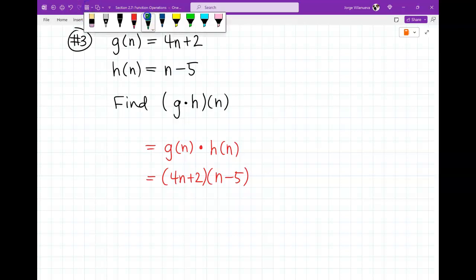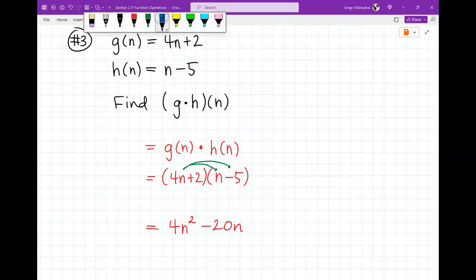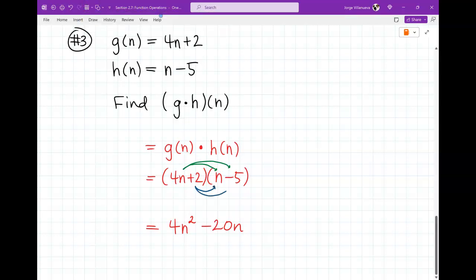So let's see. Let's take the 4n times n and the 4n times negative 5 first. So 4n times n, that's 4n squared. 4n times negative 5 is negative 20n. And now I have to go with the 2. So 2 times n, 2 times negative 5.